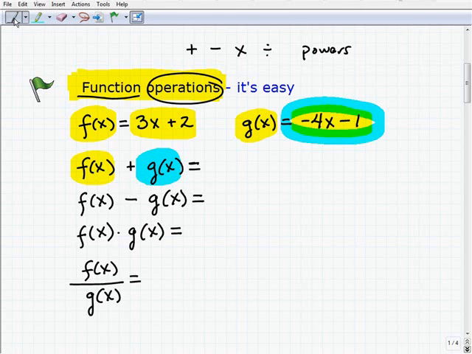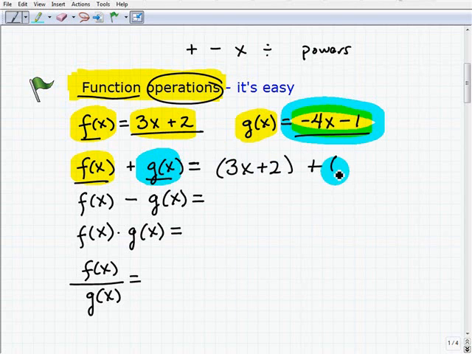All right, so some of you might say, well, f of x is equal to 3x plus 2, and I'm going to take that function and I'm going to add it to the function g of x, which is negative 4x minus 1. Maybe that's what it means. Okay, so if you guessed what I just wrote here, then you would be correct.